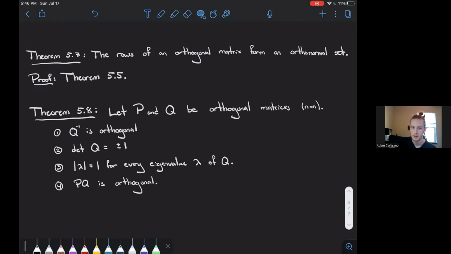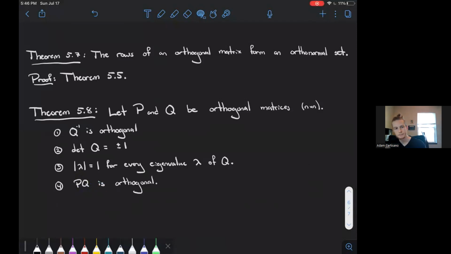Also, for similar reasons, the absolute value of every eigenvalue of your orthogonal matrix is 1. That's the same as saying all real eigenvalues of orthogonal matrices are 1 or negative 1.